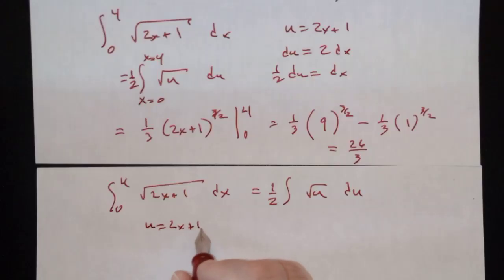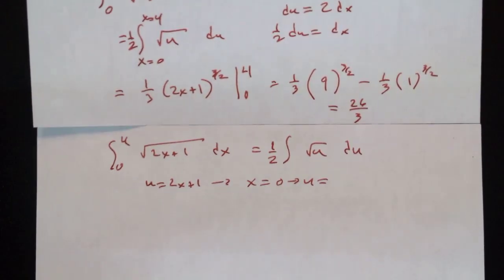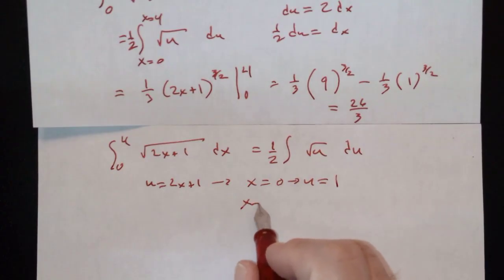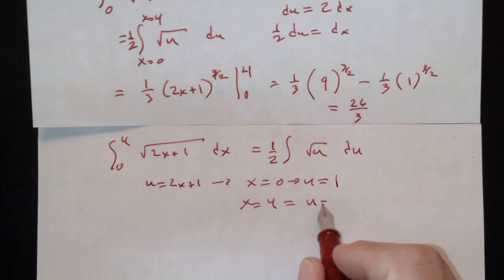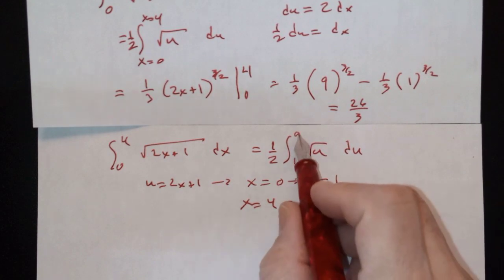U equals 2x plus 1. So if x is 0, u is? And if x is 4, u is 9. And put those numbers here.